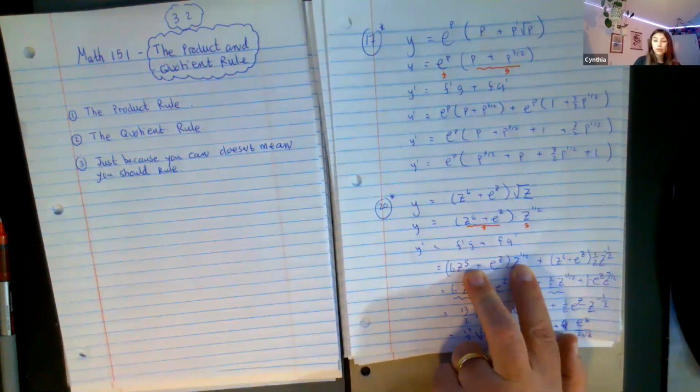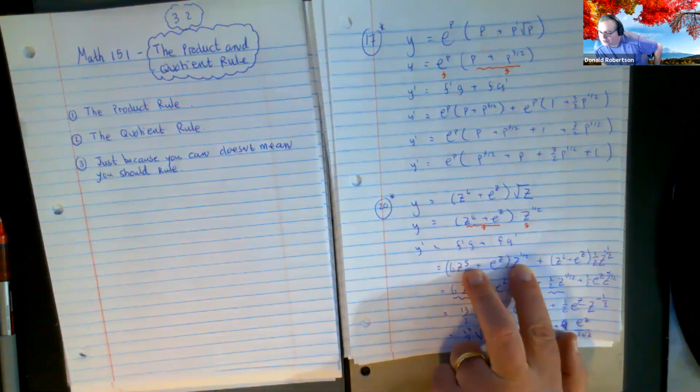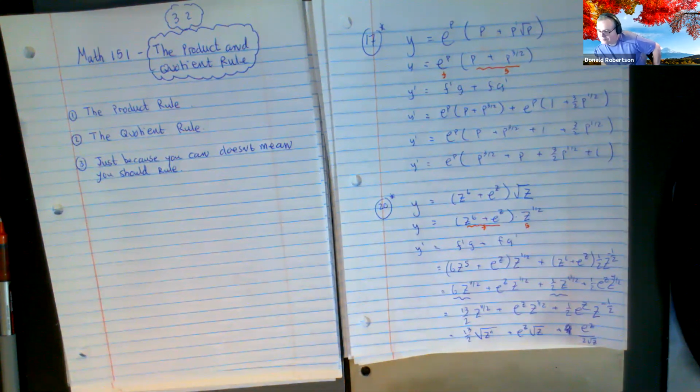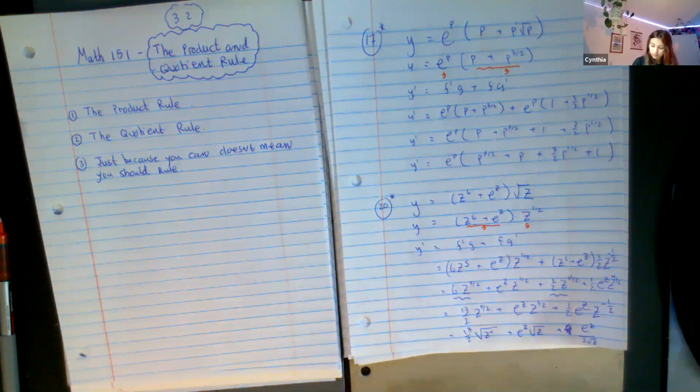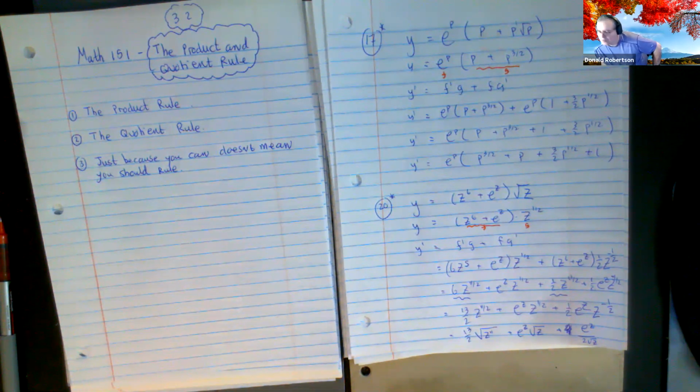Oh, you distributed z to the 1/2 and then combined them into a single fraction rather than a mixed fraction. Gotcha. Americans call them improper, but in Britain we call them top-heavy. So 11 over 2 is essentially the same thing as 5.5. But nobody writes z to the power of 5.5. It kind of looks clunky if you do. So we typically call them 11 over 2.